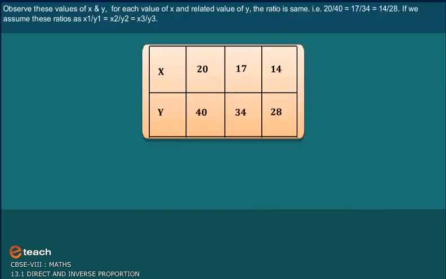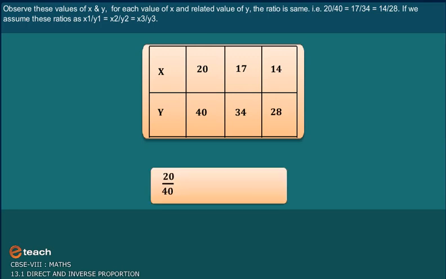Observe these values of x and y. For each value of x and the related value of y, the ratio is the same. That is, 20 by 40 is equal to 17 by 34, which is equal to 14 by 28.